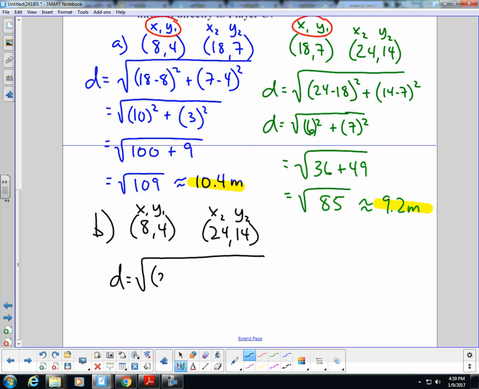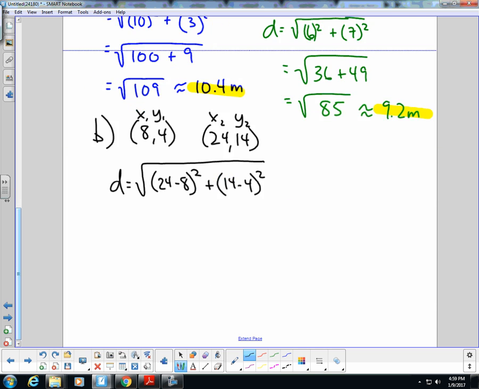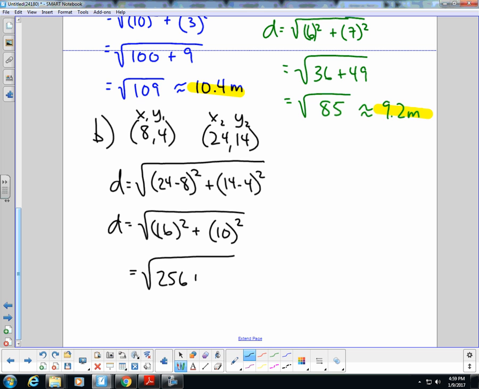And we throw it into the distance formula. We're going to have 24 minus 8, square it. And then we're going to add that to 14 minus 4, square it. 24 minus 8 is 16. 14 minus 4 is 10. 16 squared is 256. 10 squared is 100.